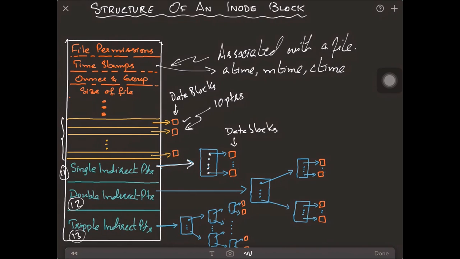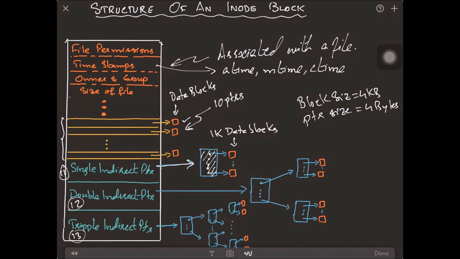Let's suppose that the block size is 4 KB, and let's suppose that the disk pointer size is 4 bytes. So that means this block can contain 1K pointers. So we have 1K data blocks over here at this level. We have 10 blocks over here. We have 1K data blocks over here.